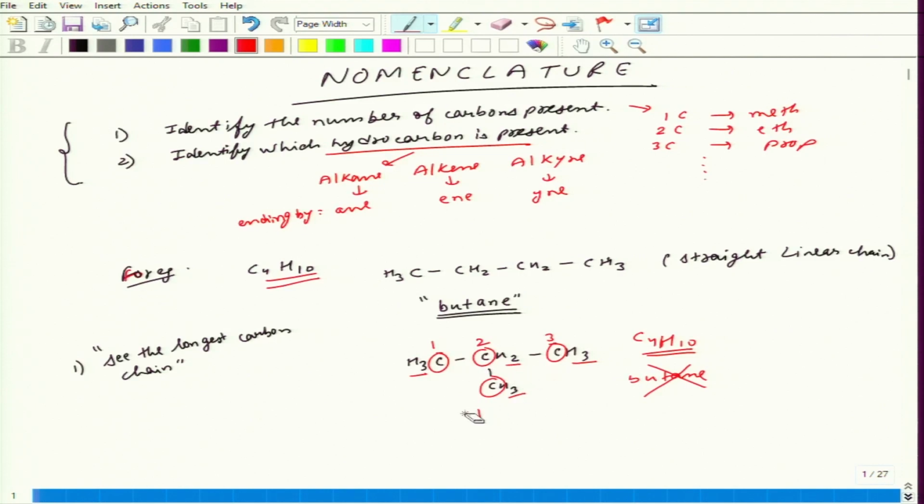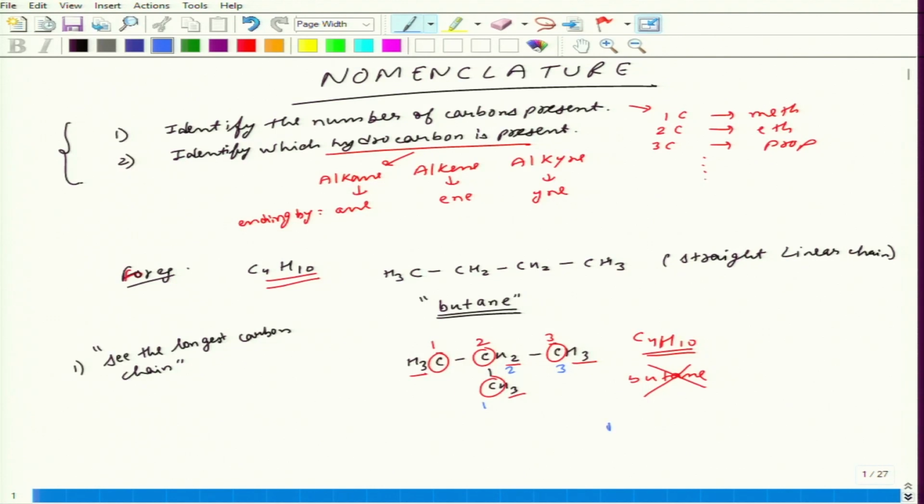Either way you can name it; the name will be the same, the structure will be the same, the nomenclature process will be the same. So, this is a 3 carbon chain.